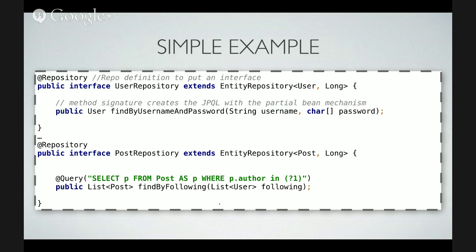The final request for JPA will be generated from the name of the method. So here you have findByUsernameAndPassword. The system will analyze the name of your method, build the request, and launch the request when you call this method. You can also specify your JPQL request in the @Query annotation, as shown in the second example.